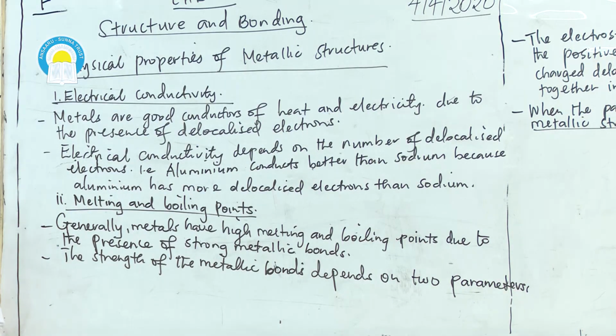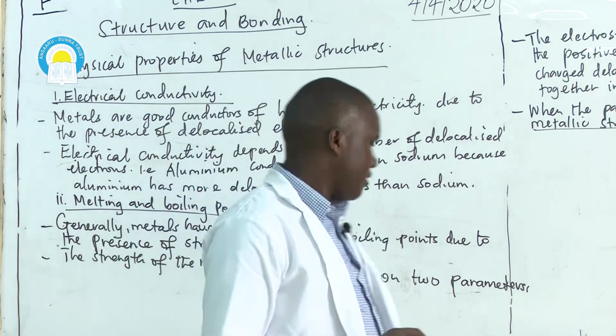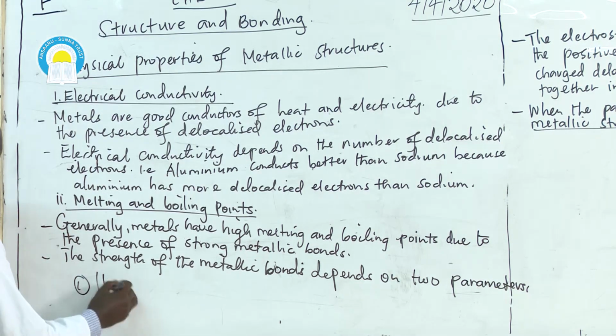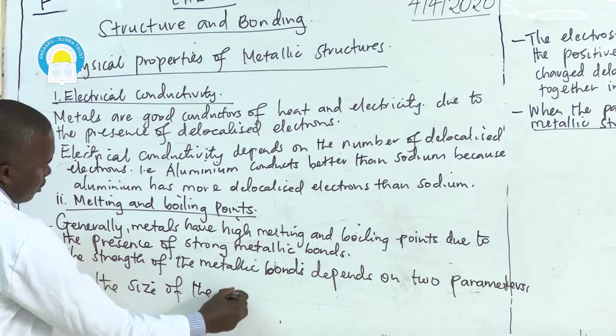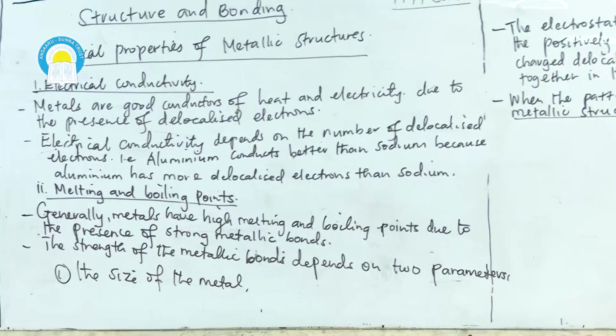The strength of that metallic bond depends on two parameters. So one is the size of the metal.